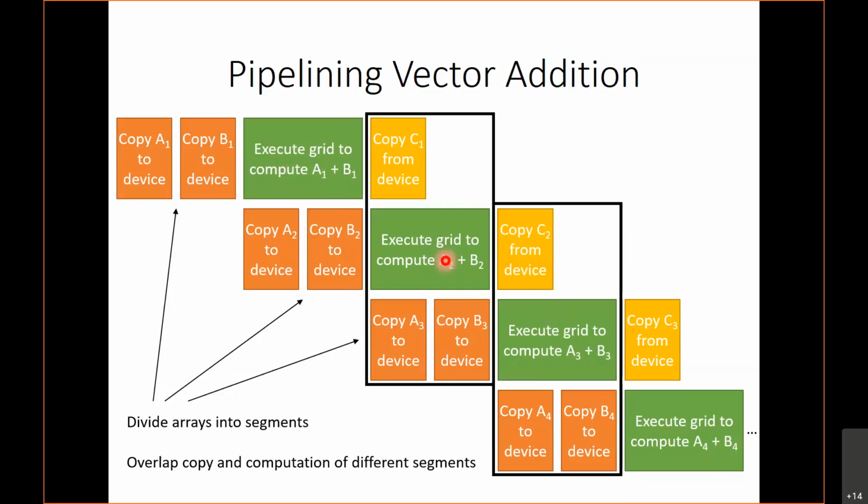Okay. So in order to apply this kind of pipelining, we will need to make these copies asynchronous. We're going to need to be able to start off a copy and then let it go, not wait for it, and be able to do a grid execution and copy back all in parallel without having to wait for any of them.